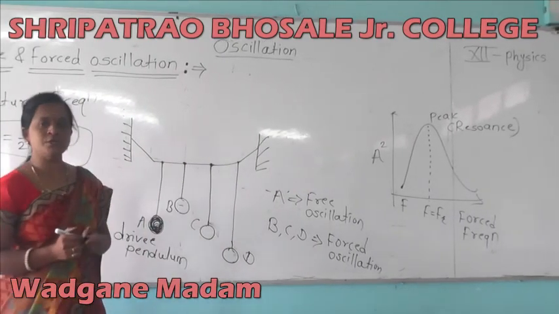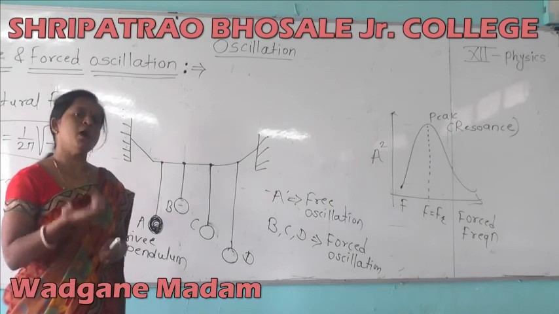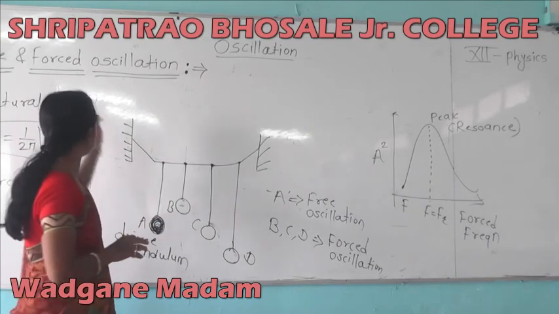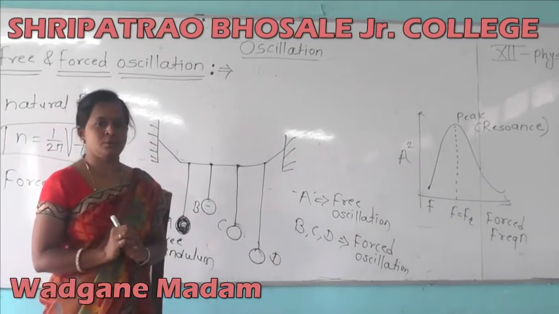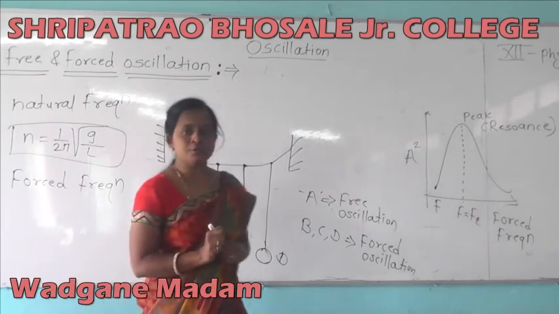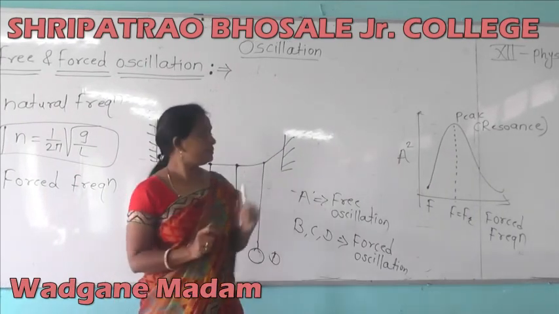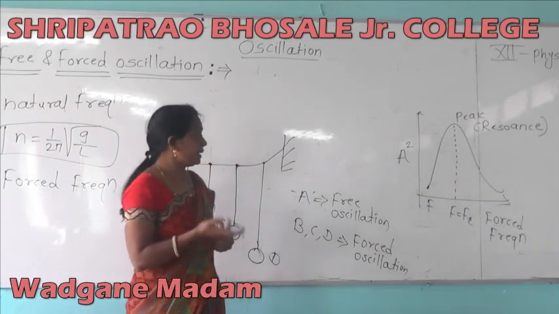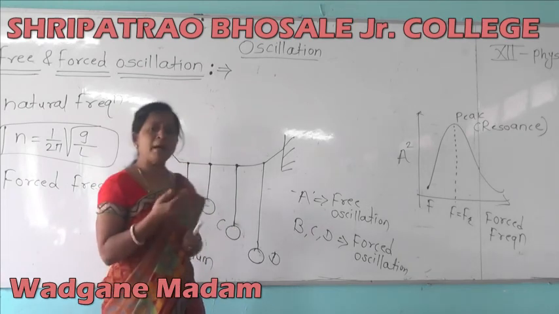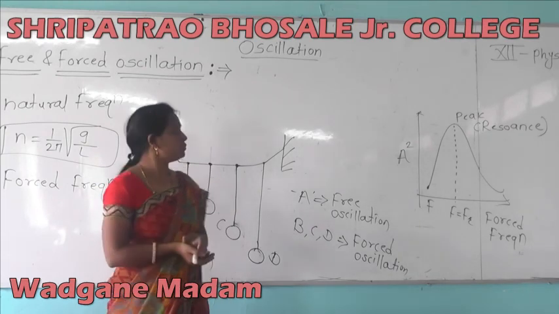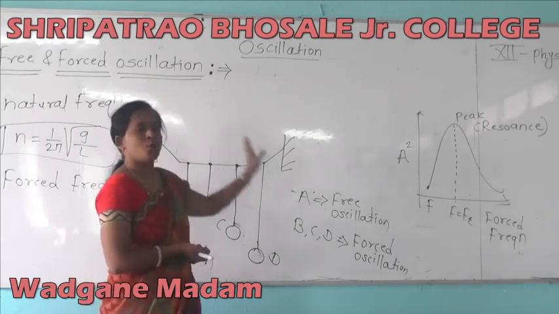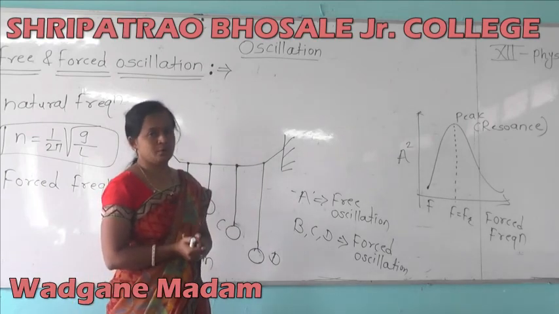Free oscillation means that if an object is allowed to oscillate about its own axis, that oscillation is called free oscillation. Forced oscillation means that if a pendulum is made to oscillate by applying an external periodic force, that oscillation is called forced oscillation.